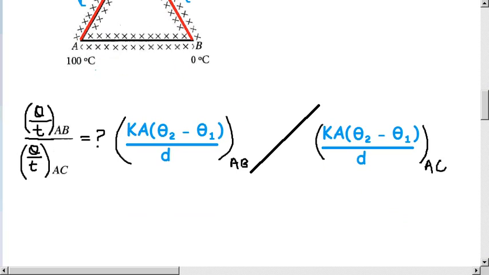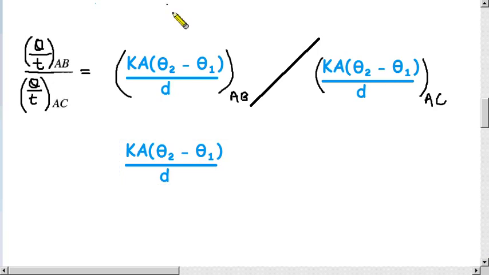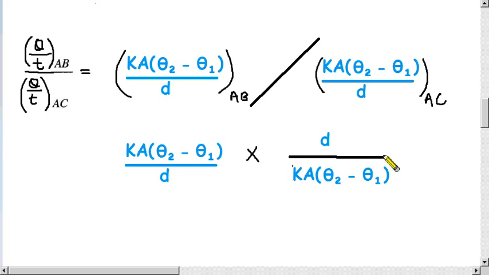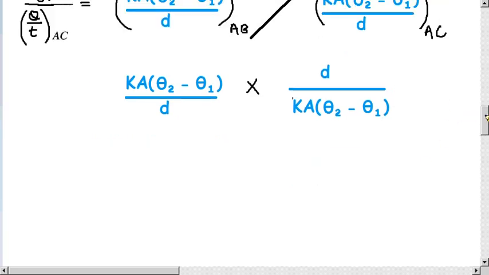Not a difficult thing. Instead of dividing, we can multiply, but we have to invert these terms. This one goes down, this one goes up. Very simple. Everybody can understand, even though you haven't learned this lesson.